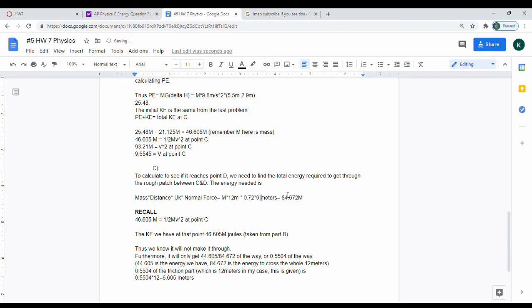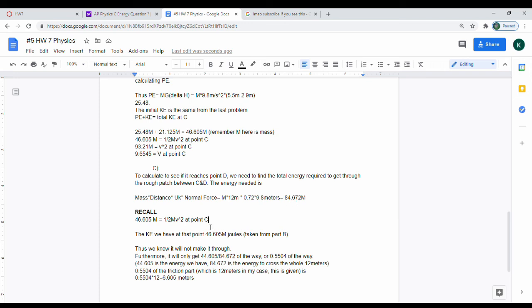This is technically thermal energy, if you will, because friction, when it opposes movement, causes thermal energy. So this means you need this amount of energy to get through the friction area.